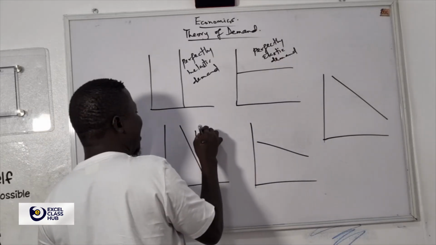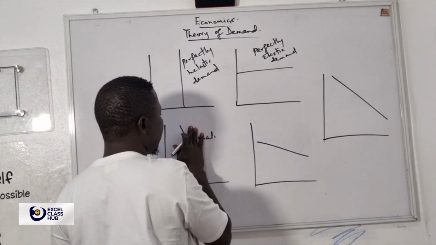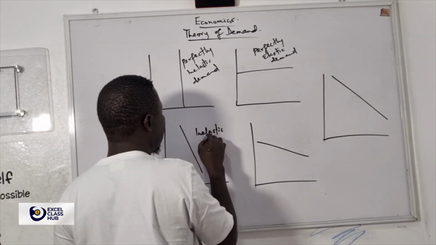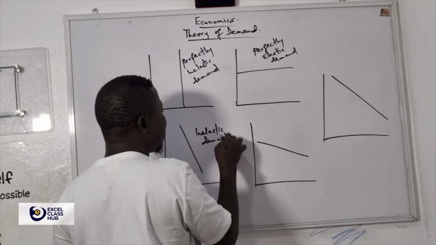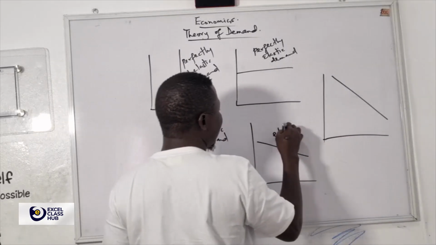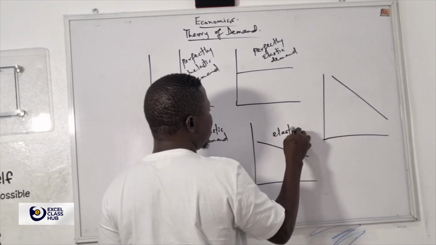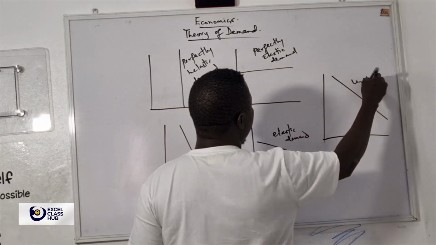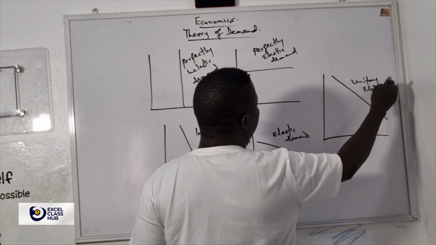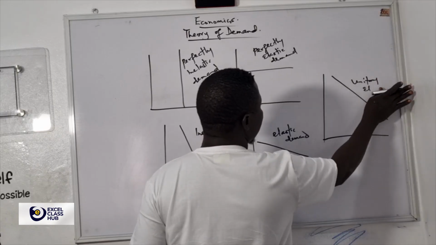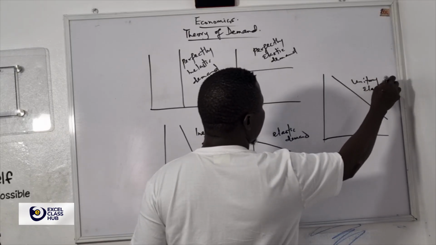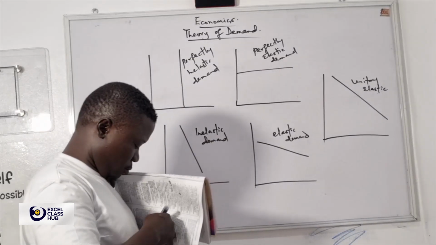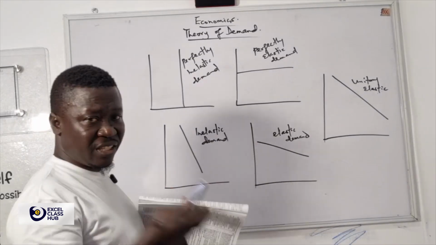This is inelastic demand. This is elastic demand. And this is unitary elastic. How do you differentiate all these five things on the board? How do you differentiate everything? Let me explain to you.